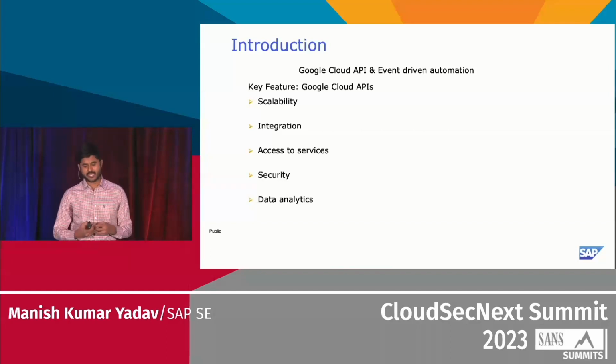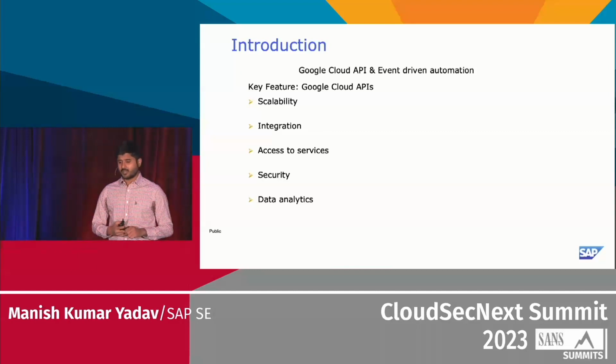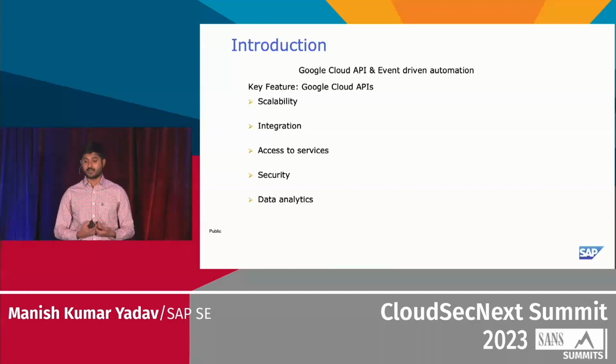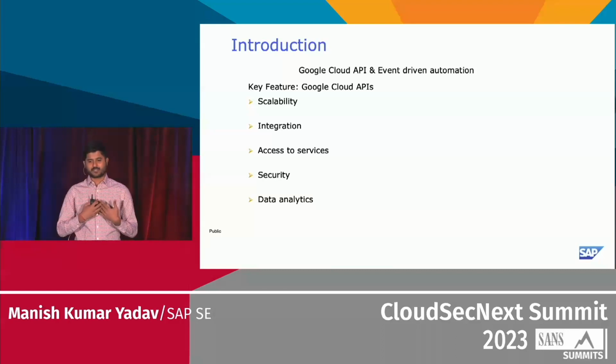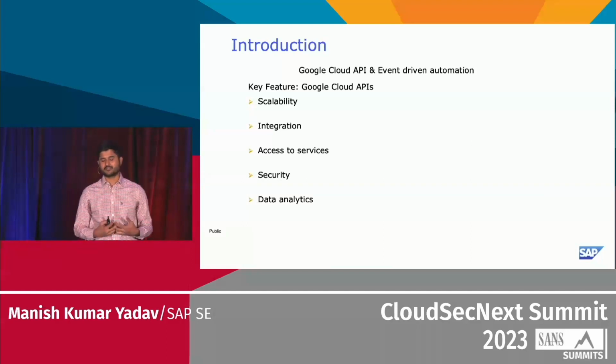So that's where also the API helps. Some of the features, how the people are using it, and this was one of the reasons why SAP has moved more to the cloud, right? Because of the kind of thing we're doing here, we need to scale fast because of the requirement from the customer.